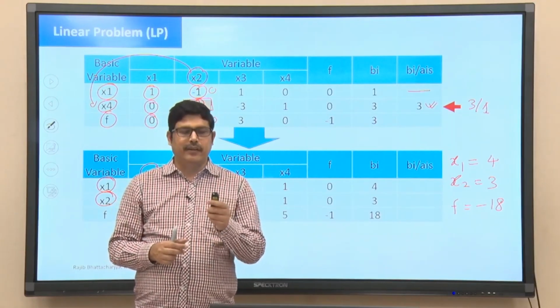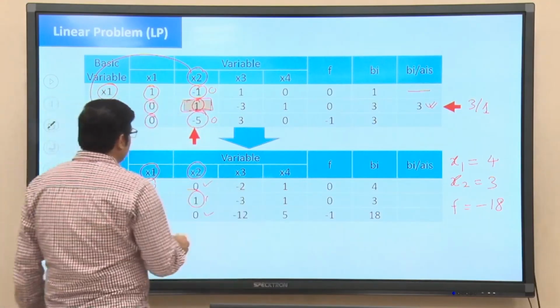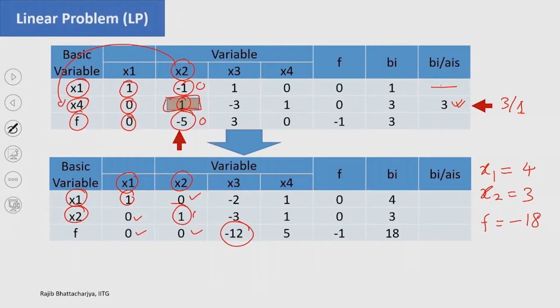Yes, there is a negative coefficient. Okay. So, let us see what this is. That means minus 12 is there. So, it is still possible to reduce the objective function, is it not, because there is a negative coefficient here. But the question is, these coefficients are also negative.